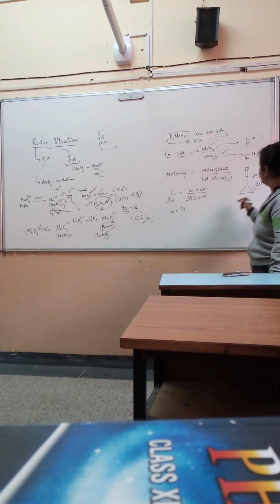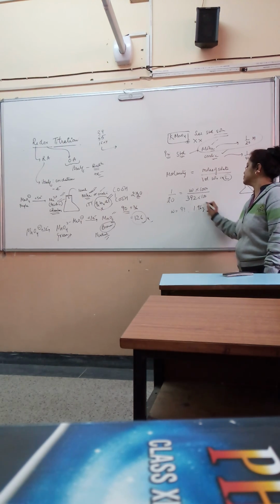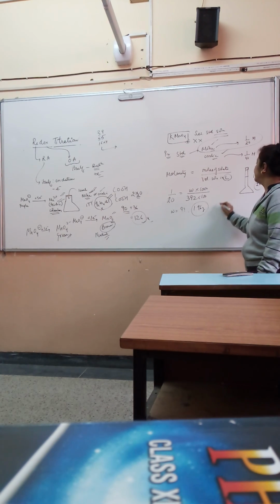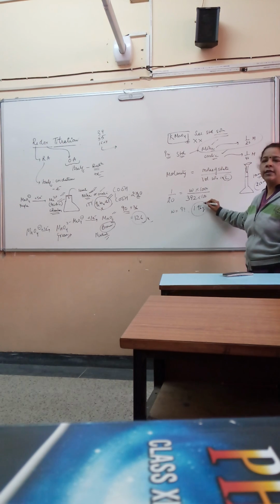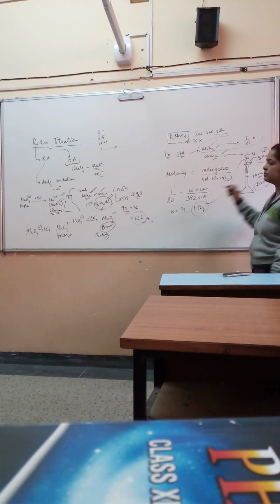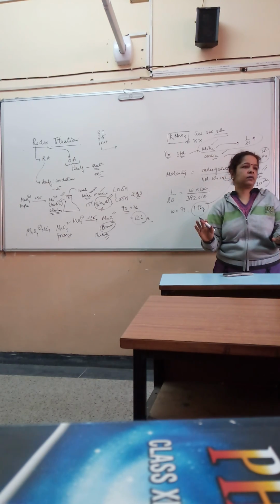There's one more catch left. Once you have weighed, let us take this comes out to be 1.96 grams. If it comes out to be 1.96 grams, after weighing, you need to use a funnel. To this, you add the salt and then you add dilute sulfuric acid. How much? 5 drops, 10 drops, 1 ml, doesn't matter.